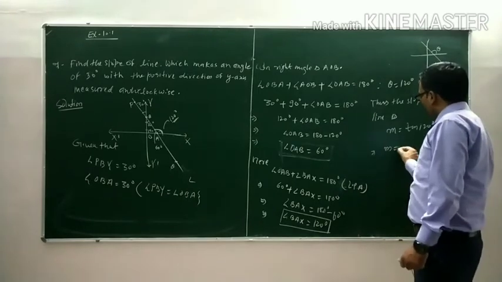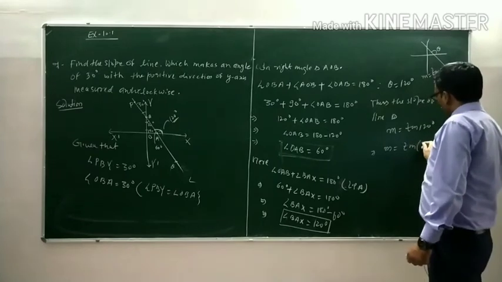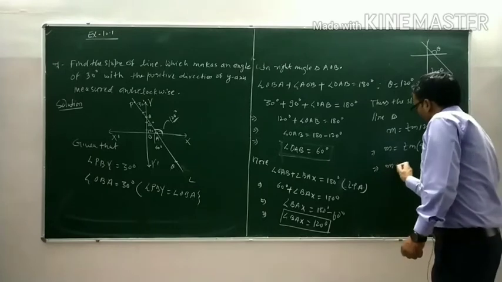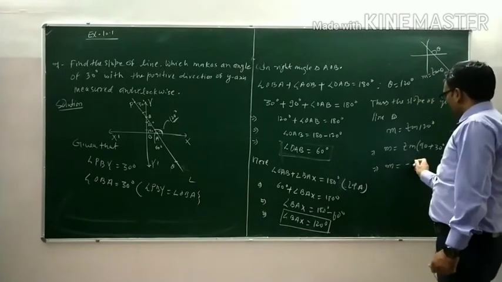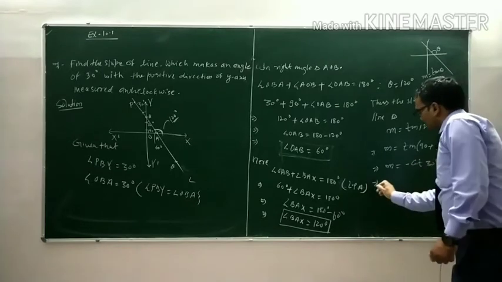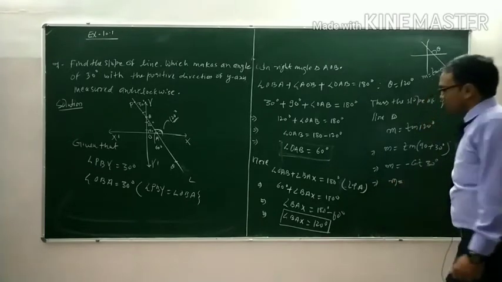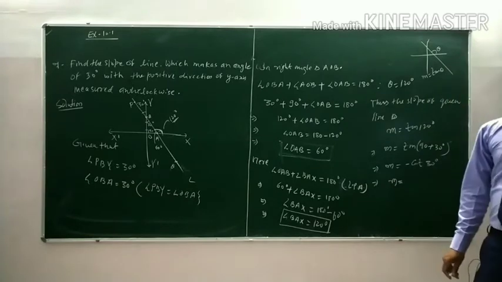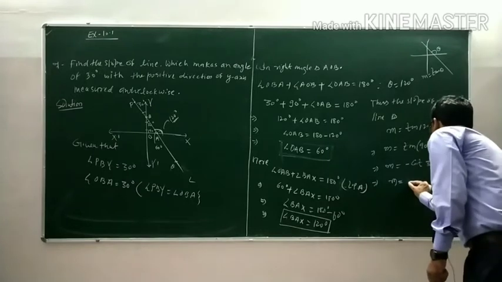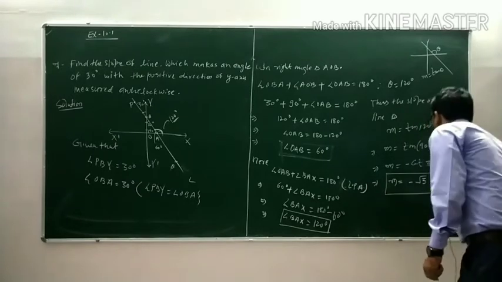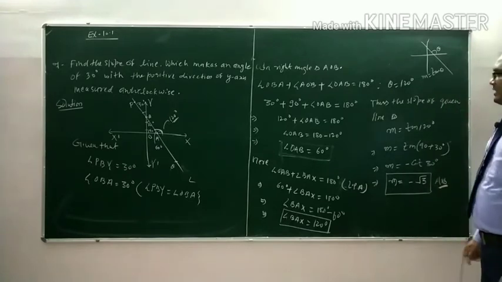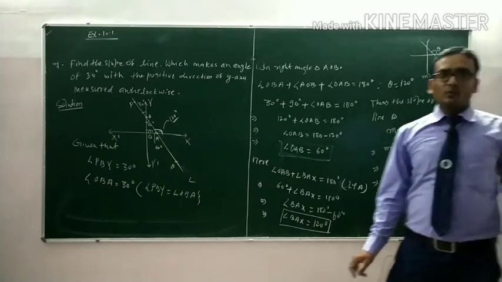This implies m equals tan(90 plus 30), which implies m equals minus cot 30. Okay students, what is the value of cot 30? The value of cot 30 is root 3, so the slope of the line is minus root 3.